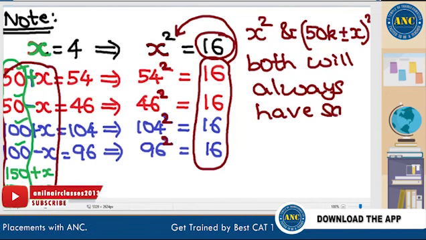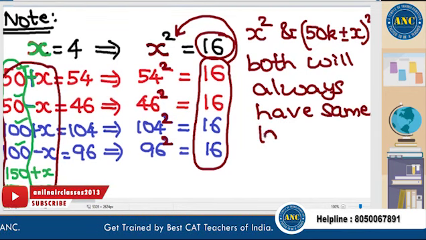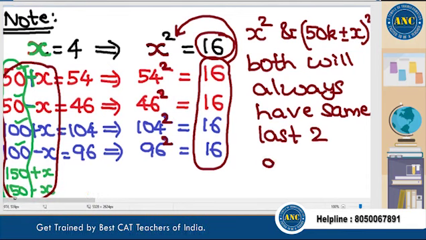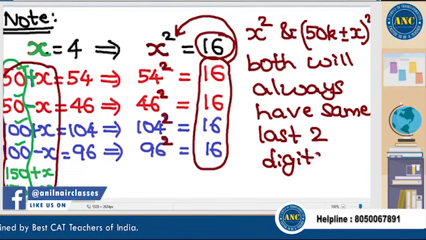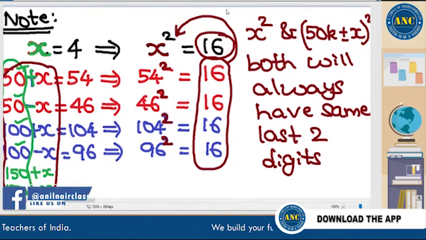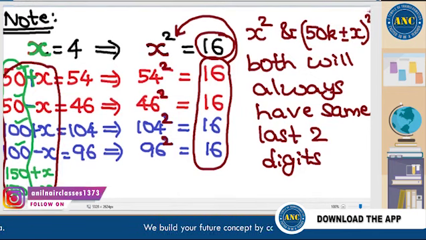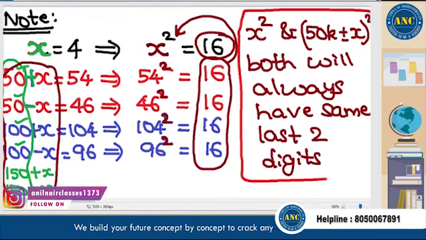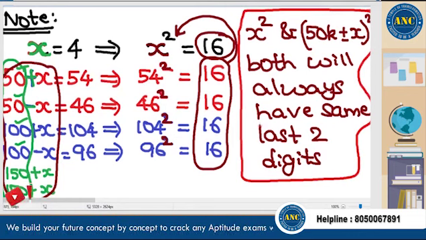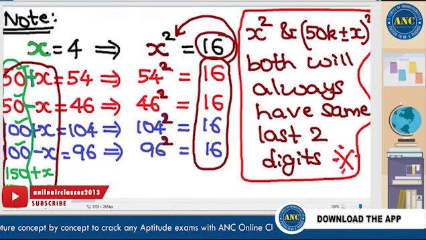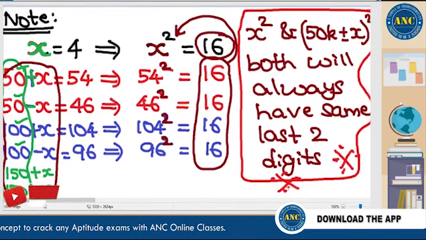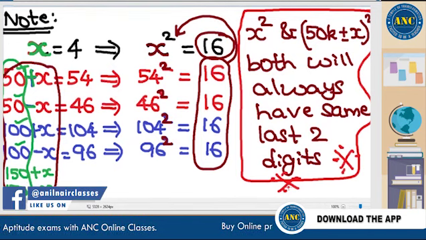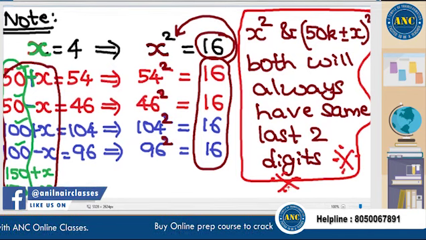Very, very important point. x square and (50k plus or minus x) whole square will always have the same last 2 digits. You can reduce some of the tricky questions to a very easy question using this important key point.